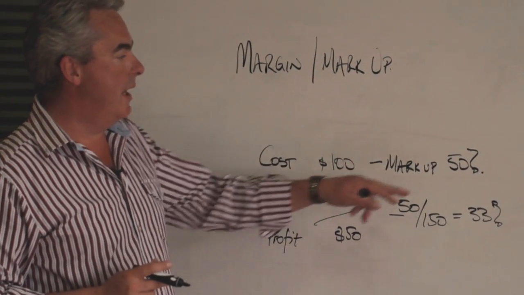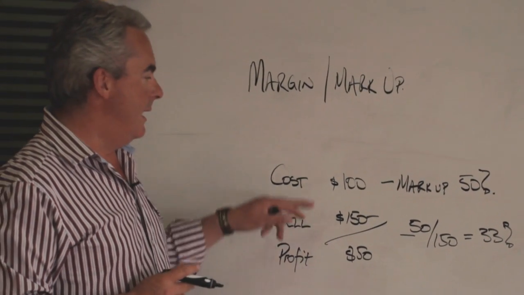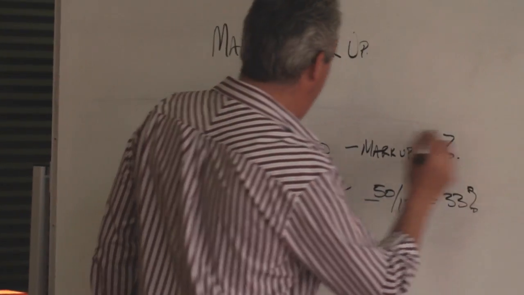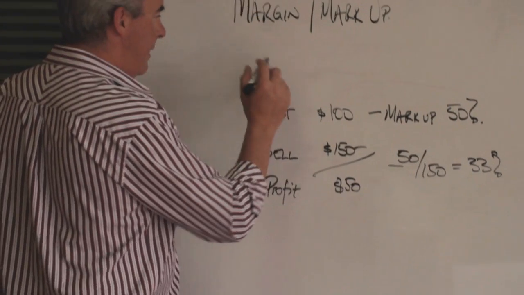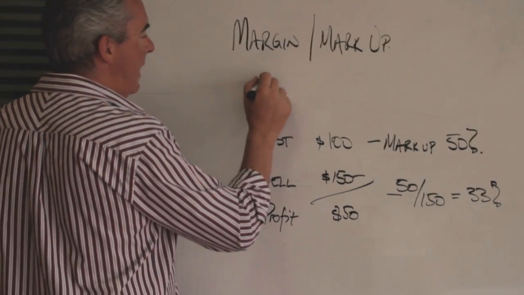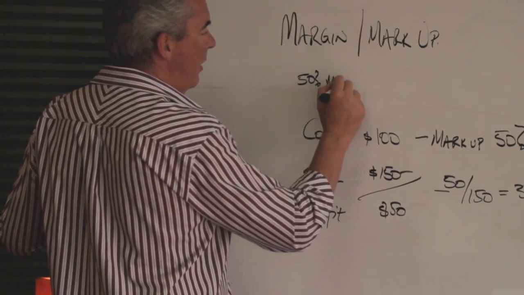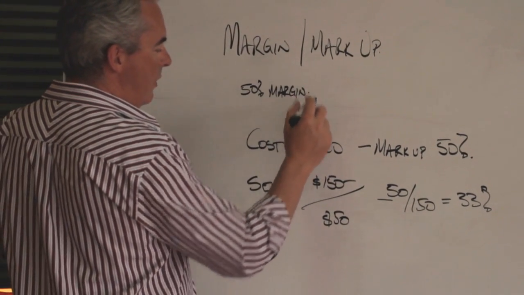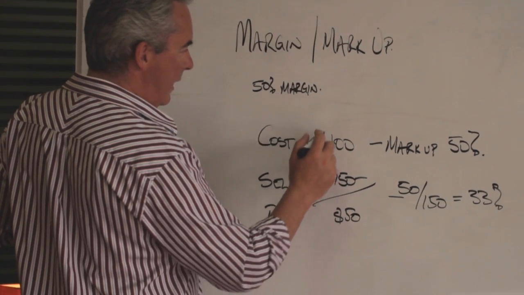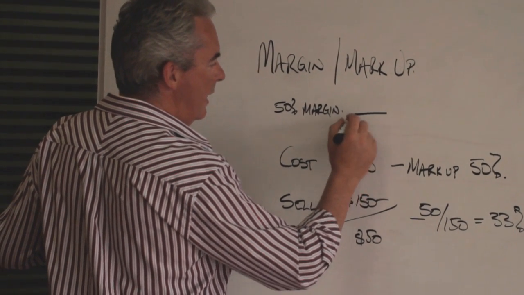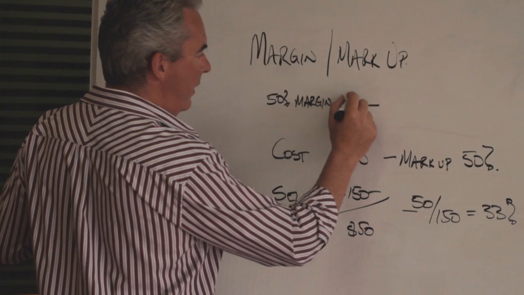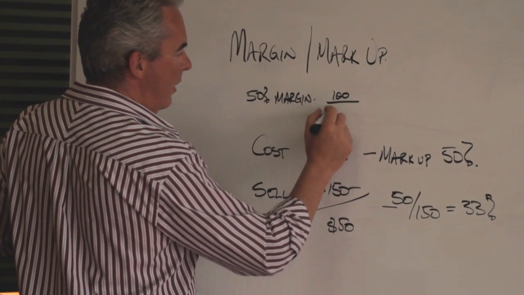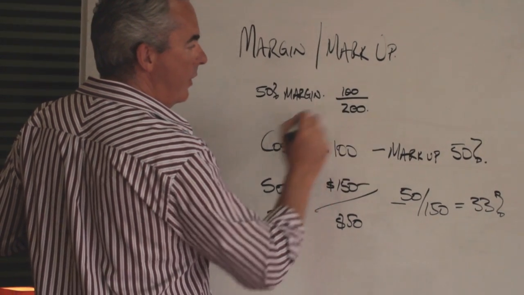But people will often say, oh, I'm getting 50% margin. To get a 50% margin on this, we would need $100 profit on a sell price of $200.